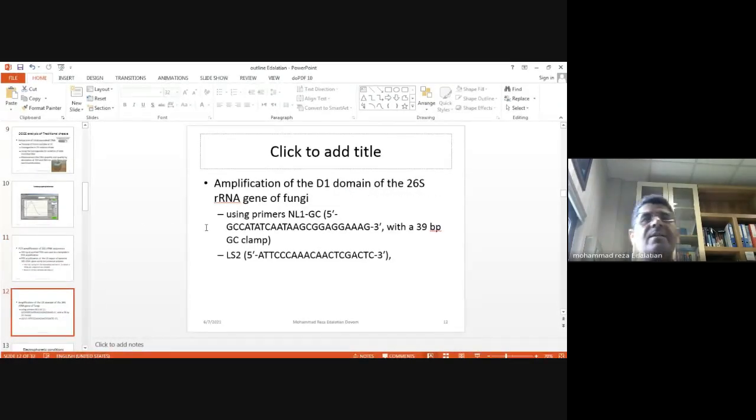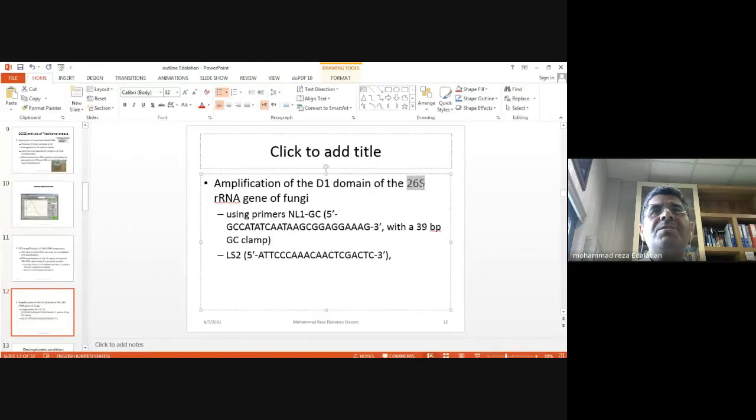Let's go to the next slide. The next slide shows the amplification of the D1 domain of the 26S rRNA gene of fungi. In order to amplify fungi, which are eukaryotic, you should use another gene, and here this is the 26S rRNA gene of the fungi.